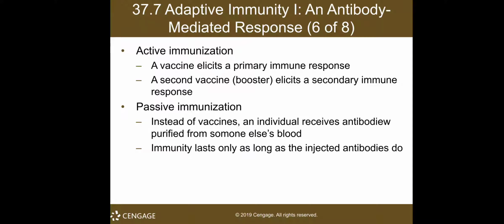So they donate their blood that contains the antibody against COVID, and the blood will be purified, so they remove the cells, leaving only the plasma, which contains the antibodies, and that will be given to the COVID patients to help them fight off COVID. So that is a form of passive immunization.